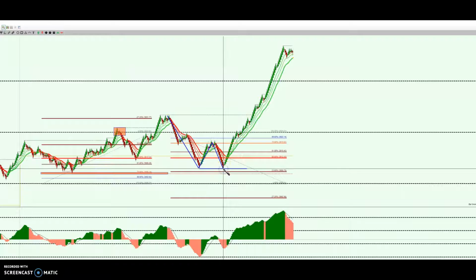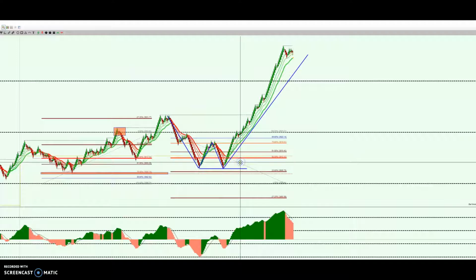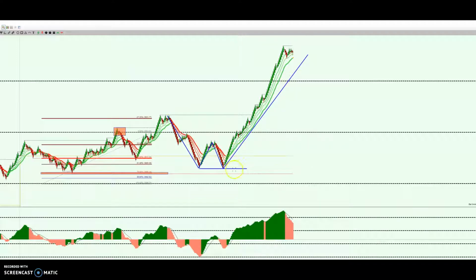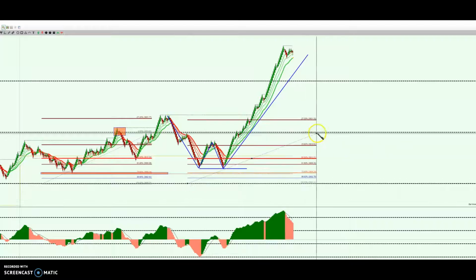So we cannot forget the stuff that we already know, right? Okay, once she created that double bottom, that alerted me that, hey, she might not be going to the next quarter point. So what I do, I flip my Fibonacci around and I take it the other way.